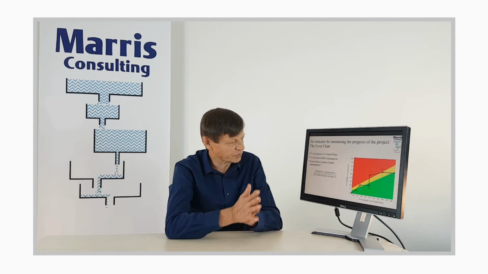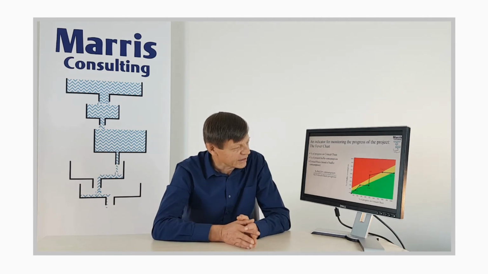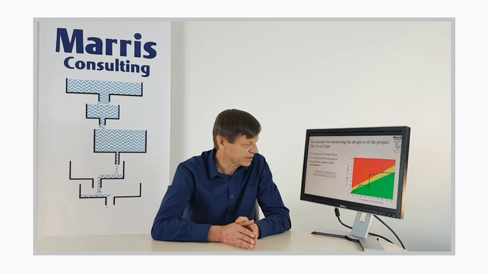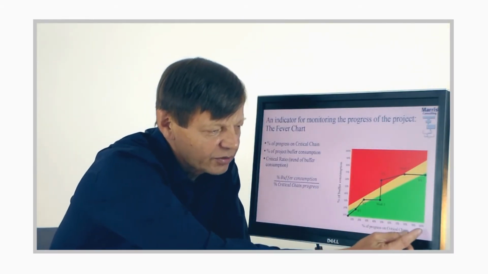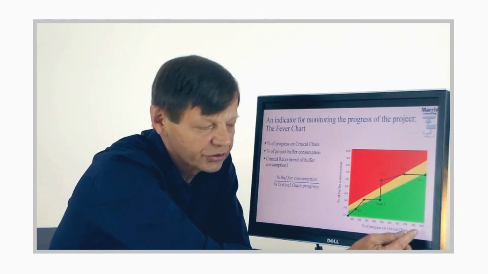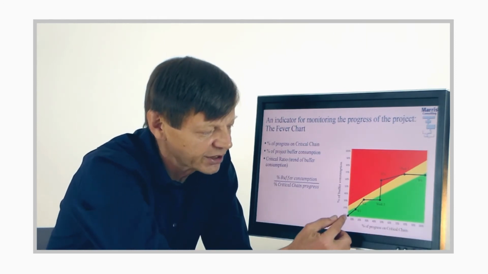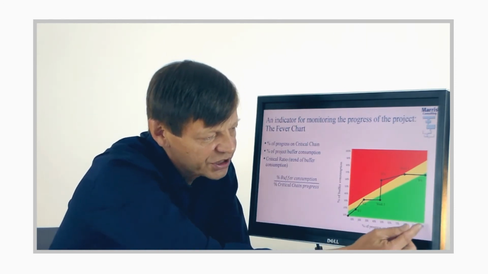Next we come to the well-known fever chart, maybe the symbol of critical chain. And what does the fever chart represent? It's very simple. Along this axis here, it is the percentage of progress on the critical chain. So any project will start here and finish here, right?